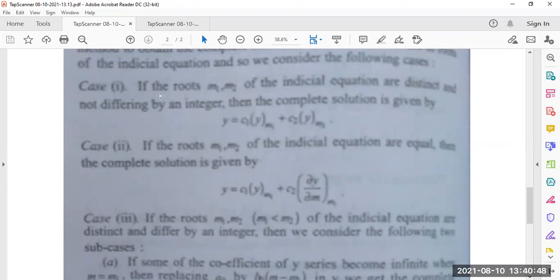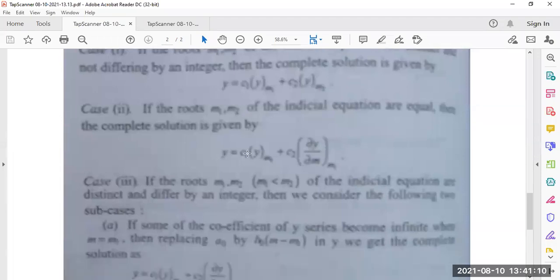That is what is told here. If the roots m1 and m2 are distinct, like 2 and half, and not differing by an integer, then the complete solution is given by y equals c1 y at m1 plus c2 y at m2.